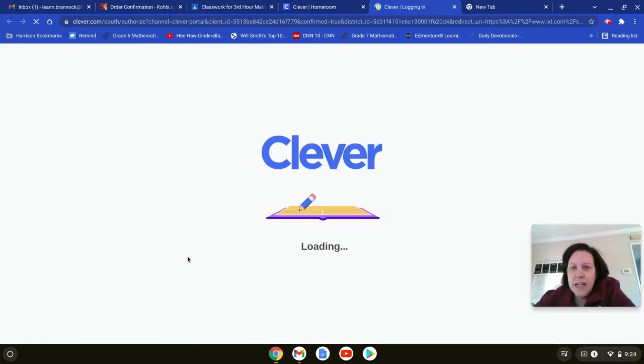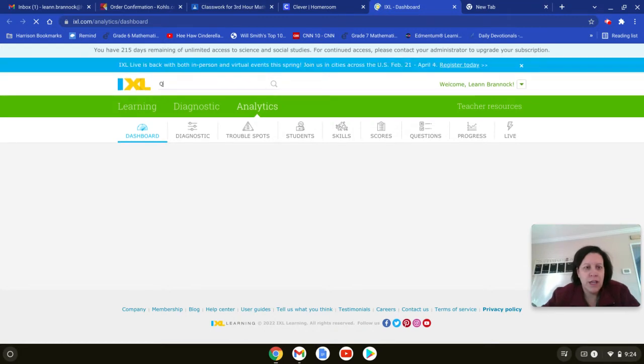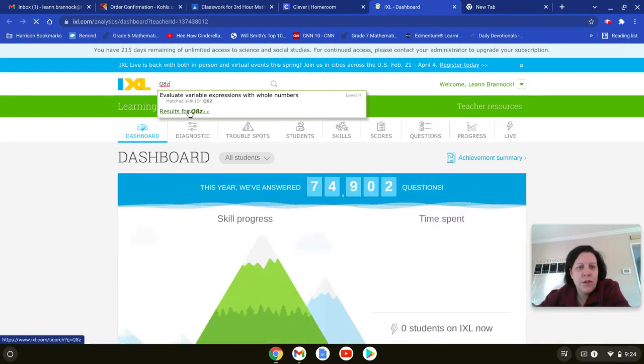So I did the IXL button. I clicked on that one. And now we're waiting. Now this part will look different, but I'm going to type in Q8Z. And it's going to pull up variables, expressions with whole numbers.